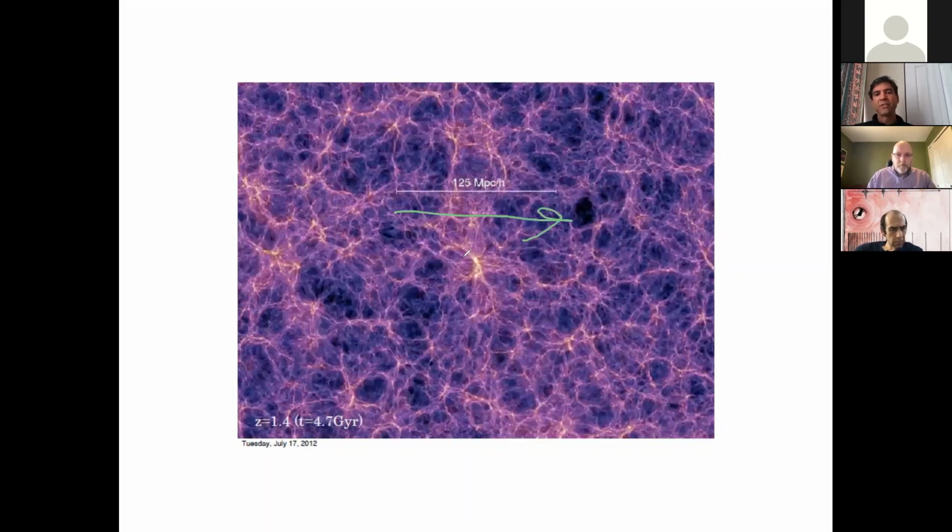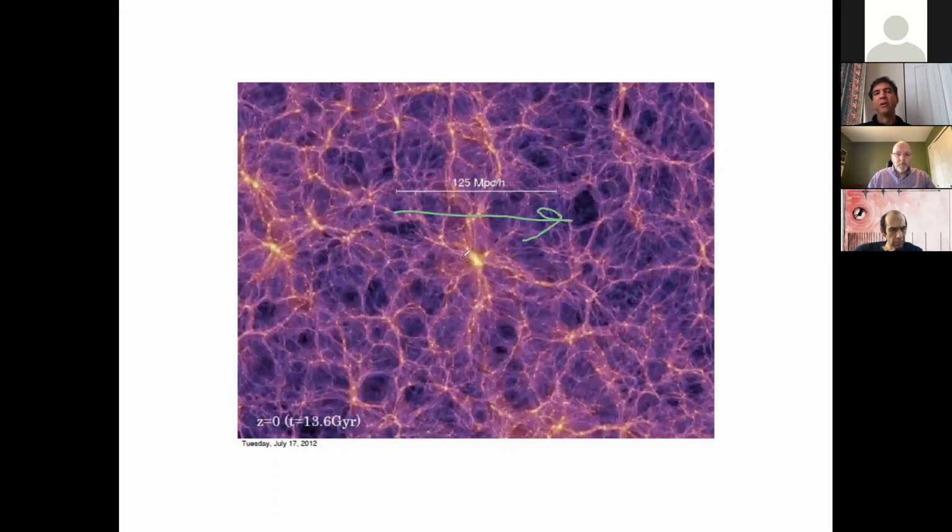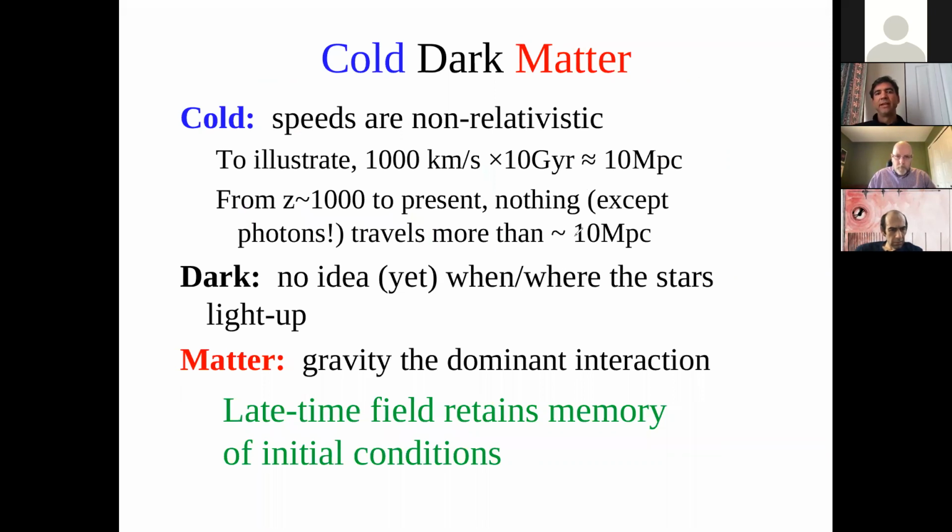So all of the structure formation is pretty local, and so there's some hope that the rod survives, okay? And that's because we live in a universe that is cold dark matter dominated, and so the typical speeds are not relativistic, okay? And so that means that the late time field retains memory of the initial conditions. On 100 megaparsecs, that's certainly true.